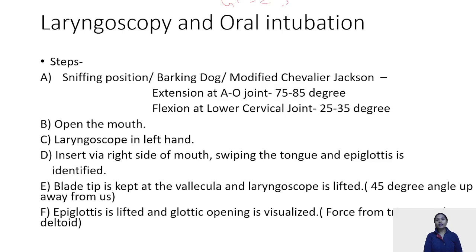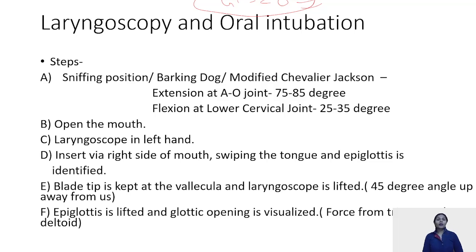GCS less than 8 is a recommendation for intubation or maintaining the patency of the airway, because with GCS less than 8, the patient can aspirate. Done. Then elective cases: all the cases where positive pressure ventilation is needed, like general anesthesia cases, then in ICUs, respiratory failure cases or cardiac arrest cases, are the cases in which intubation is required.